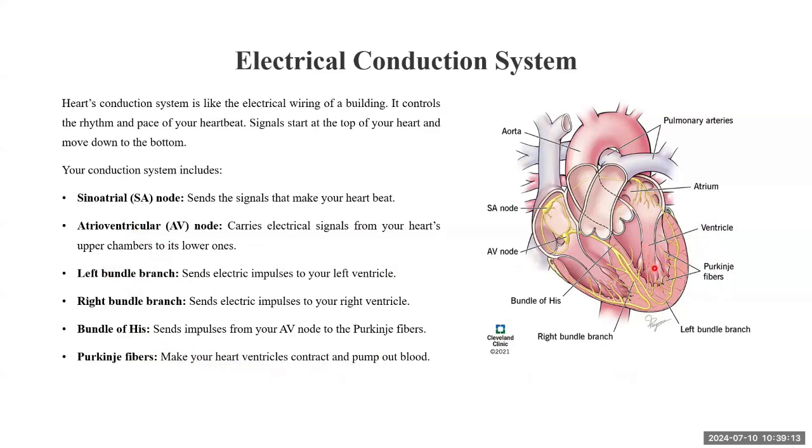So this whole thing makes your heart contract correctly in, I would say, a mechanical as well as electrical manner. This is how the electrical as well as muscular parts of the heart contract and relax in a simultaneous and synchronized manner to push the blood and to get the blood from the periphery.